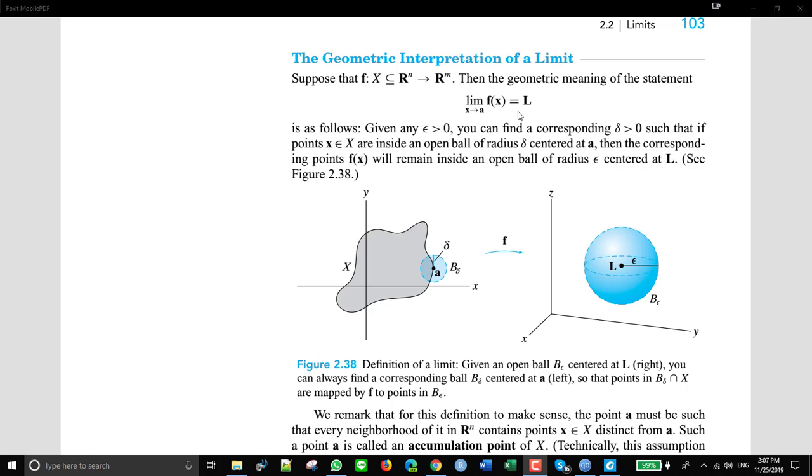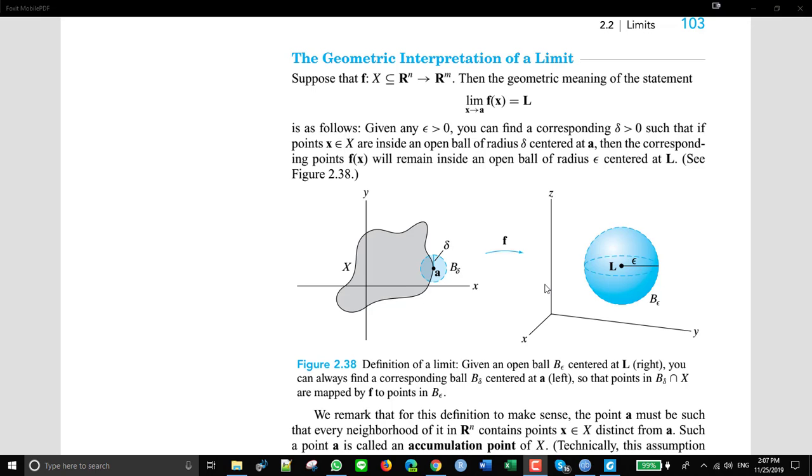We're going to use the technical definition that we sort of skipped over before, but we can see it very easily here. The technical definition says something like this: given any epsilon greater than 0, you can find a corresponding delta greater than 0. So, it looks a little confusing. Let's look at this picture.